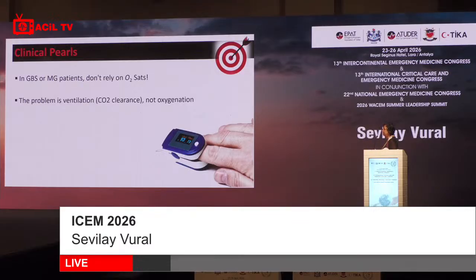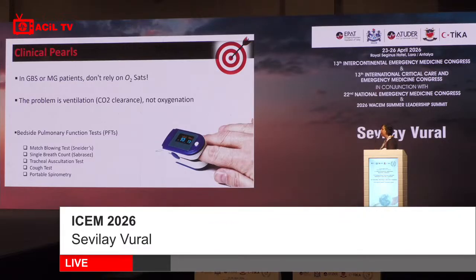It's not an oxygenation problem. So oxygen saturation alone does not give us true information. What can we do in this case? We have to use bedside pulmonary function tests.